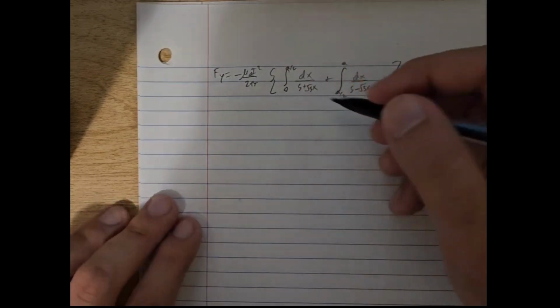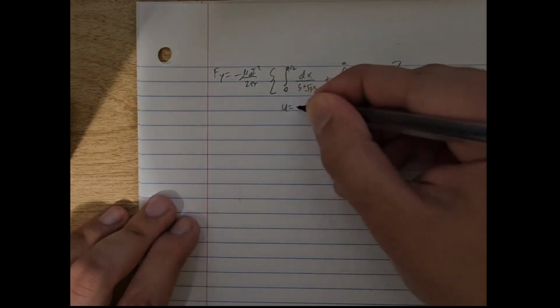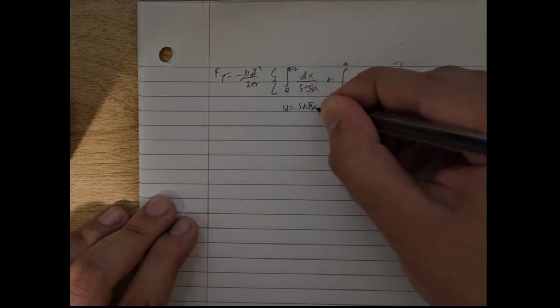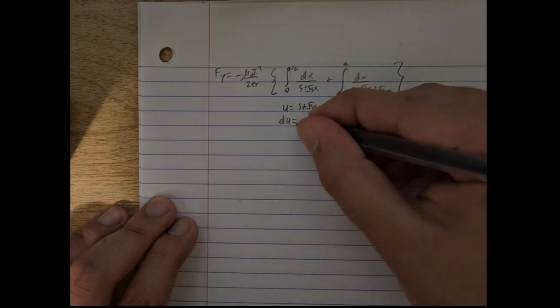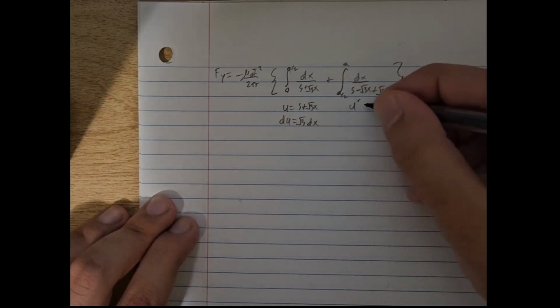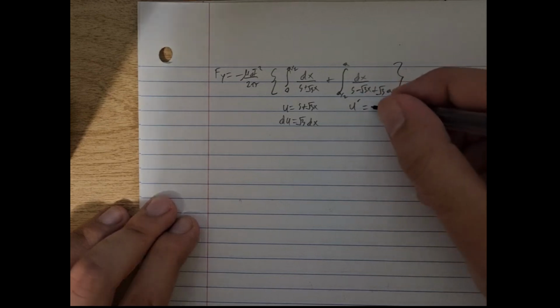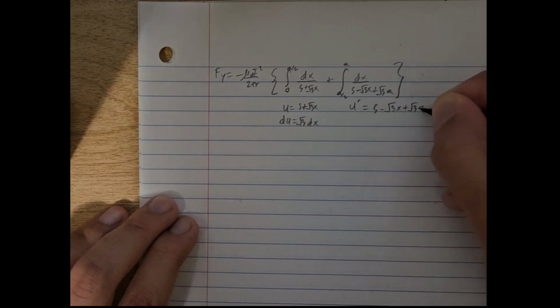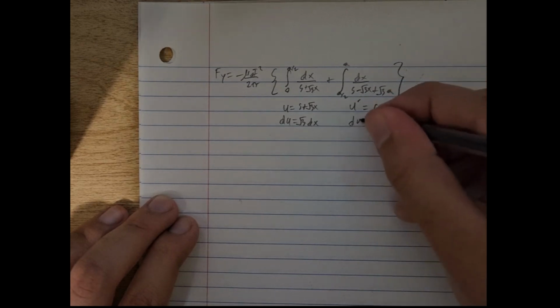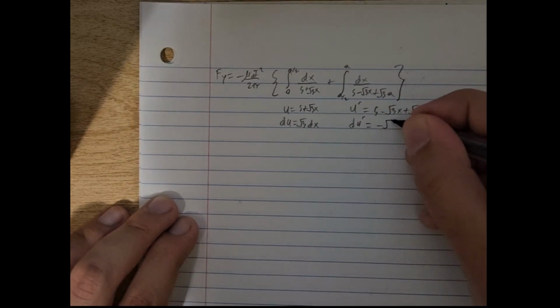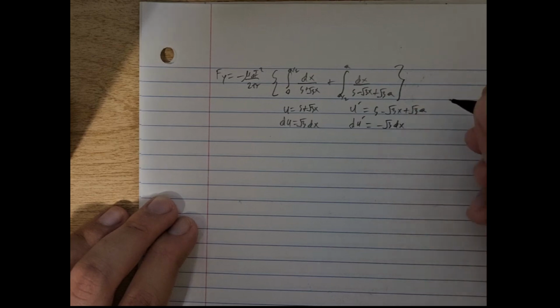Now we can find both of these integrals using u sub, where u is s plus root 3x, du is equal to root 3 dx, u prime is equal to s minus root 3x plus root 3a, du prime is going to be equal to negative root 3 dx.